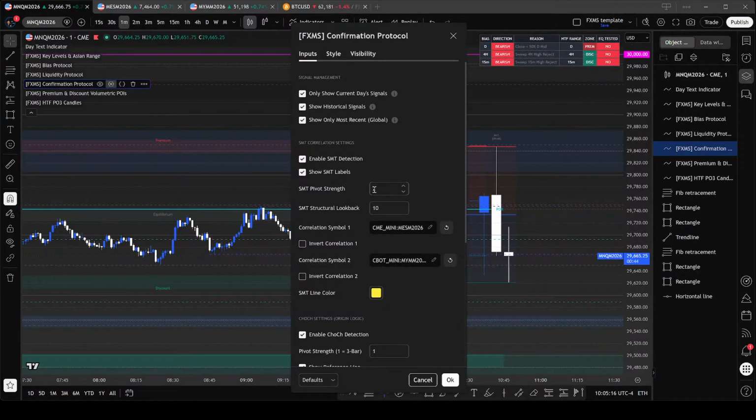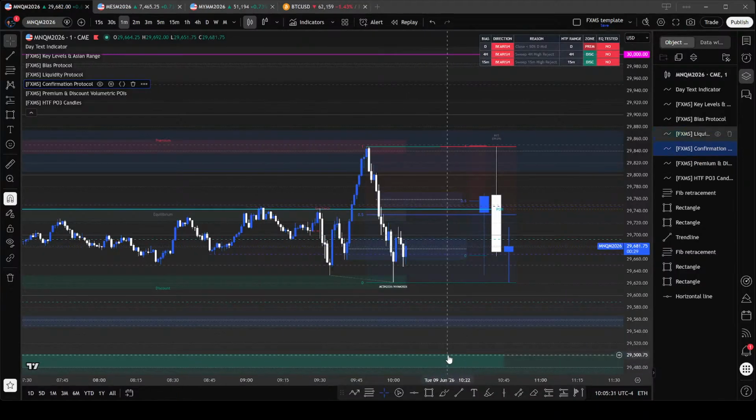Pivot strength I have is 2. I don't know if you have it higher than that. That could be the issue. Okay, sound is good on YouTube as well. Chat's good, sounds good, visual's good.